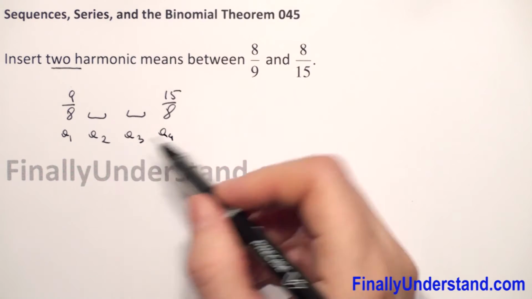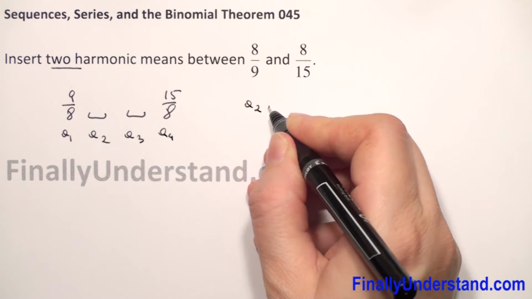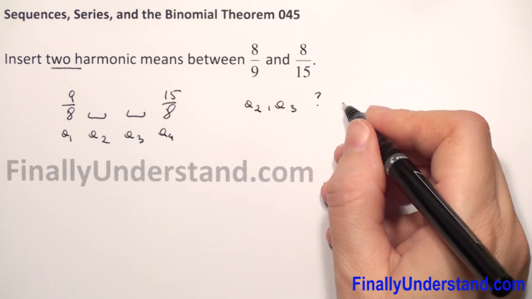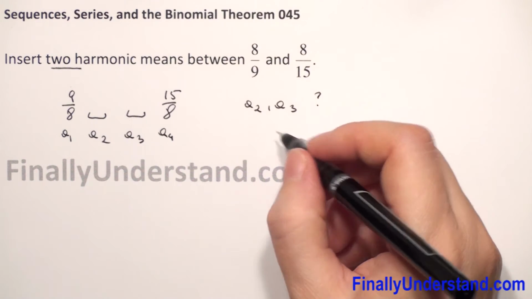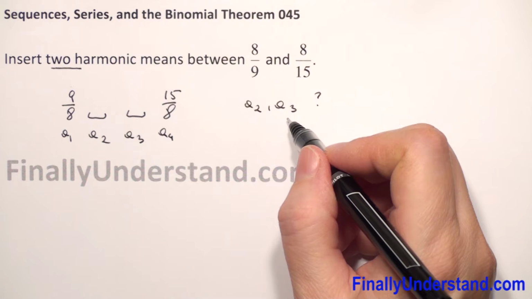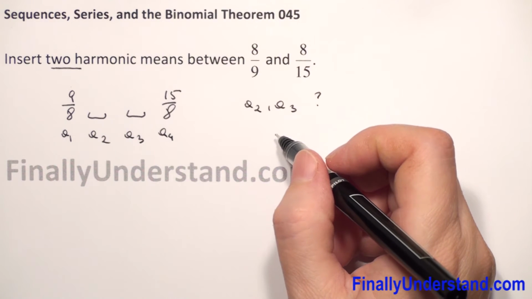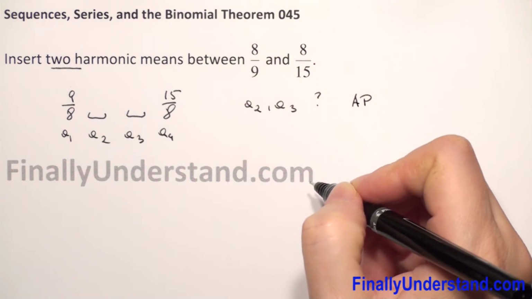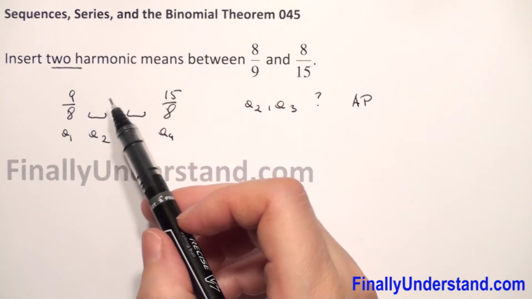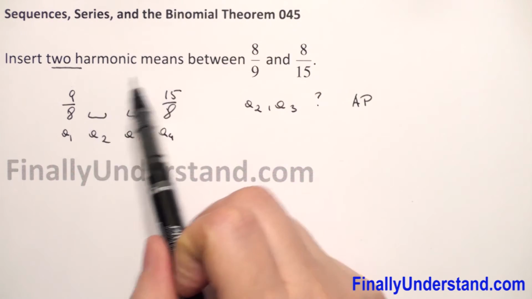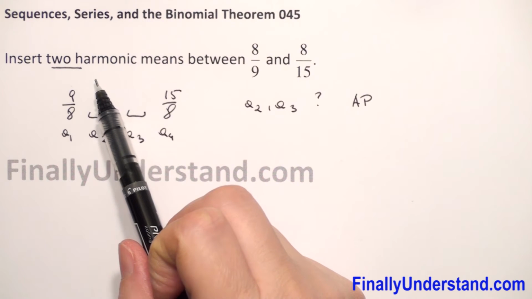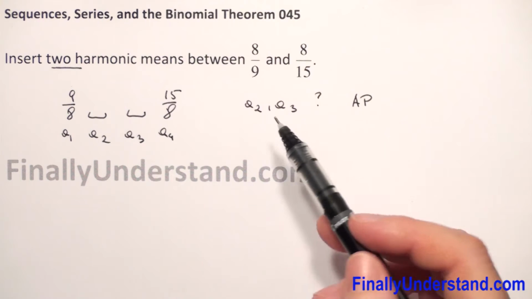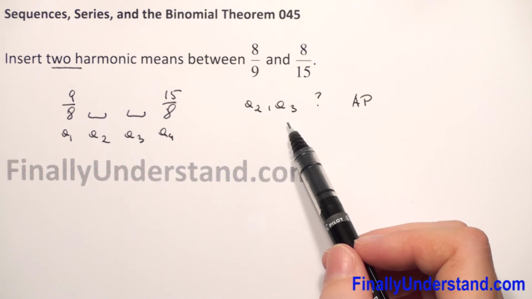We have to find A2 and A3 of the arithmetic progression first. When we find A2 and A3, we will take the reciprocal again, and we will have two terms of the harmonic progression. These will be the two harmonic means. So how do we find A2 and A3?